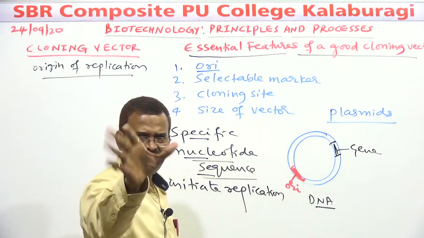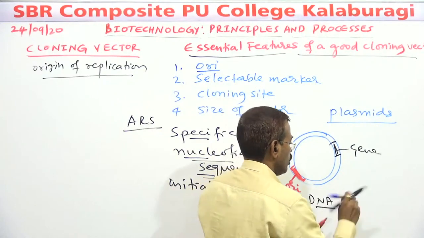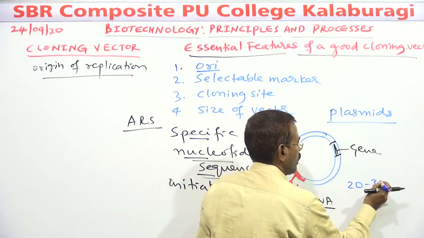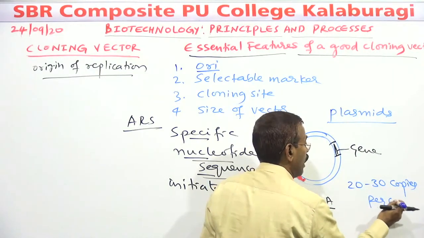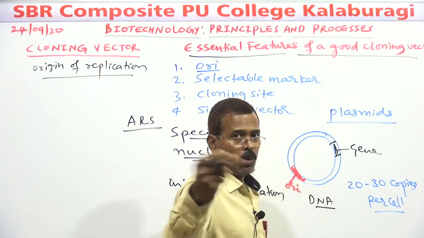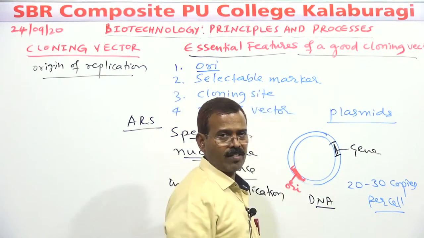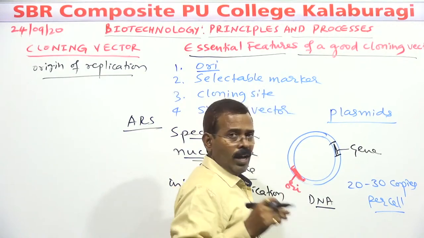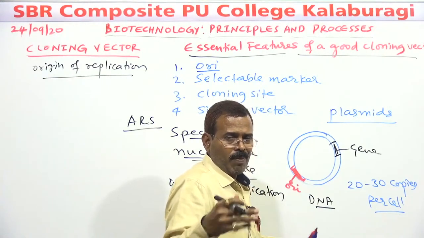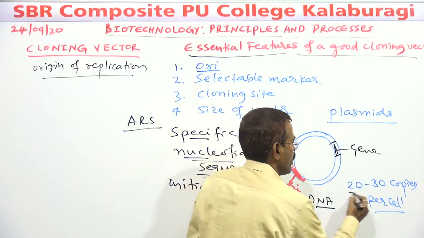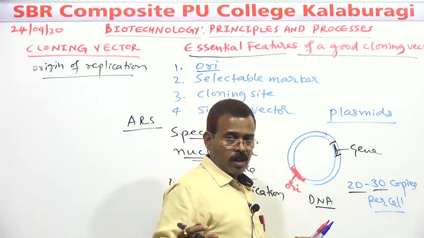Under natural conditions, the plasmid can form 20 to 30 copies per cell. Say E. coli cell, Escherichia coli bacterial cell, which is commonly used as host cell. So, under natural condition, the vector plasmid can replicate and produce 20 to 30 copies. The question comes, why not more?